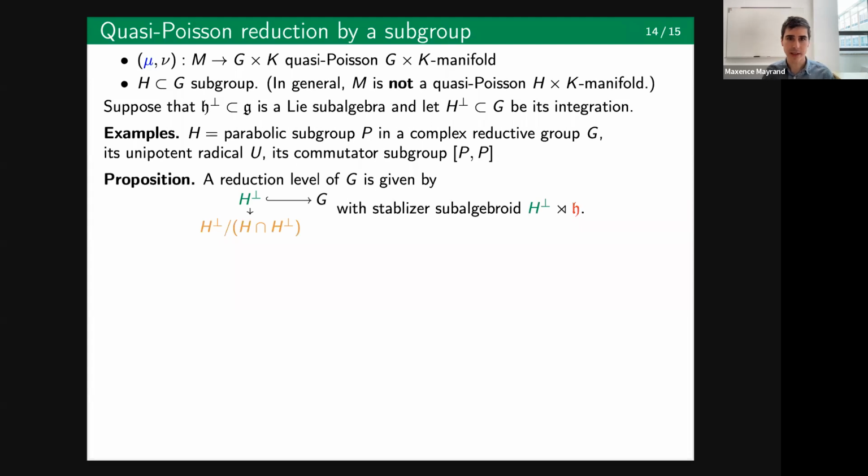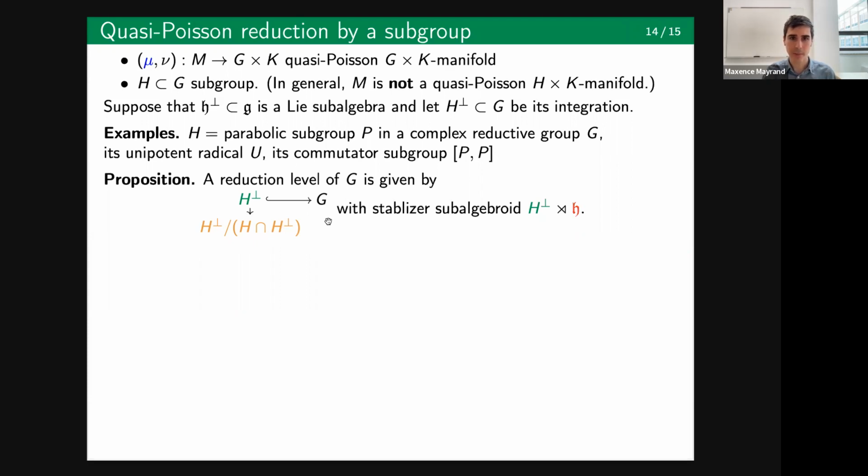Then the proposition is that we can get a reduction level in our sense with this subgroup. You take the H perp, this will be a reduction level, and then you map that into the quotient of H perp by the intersection with H. This is always a Lie group because this intersection is a normal subgroup of H perp.